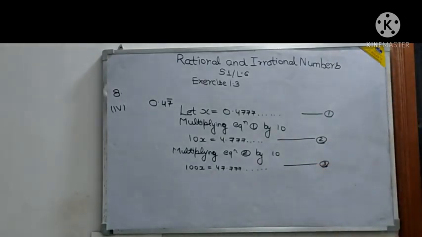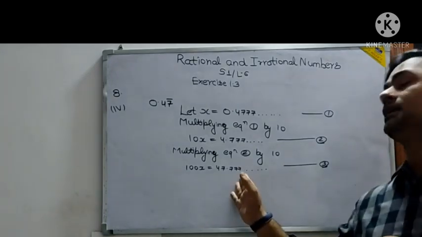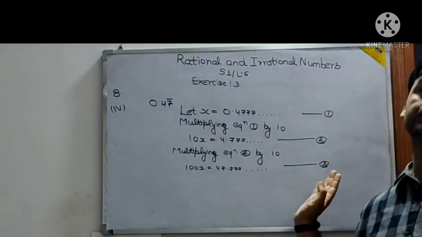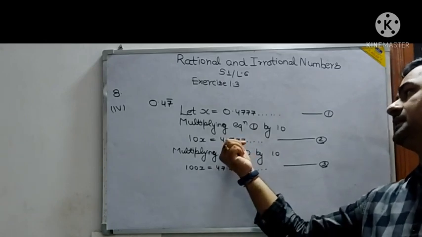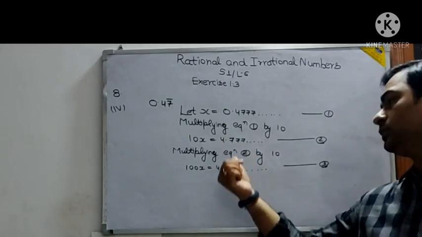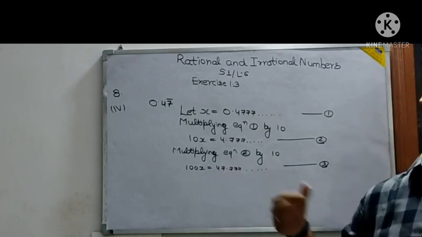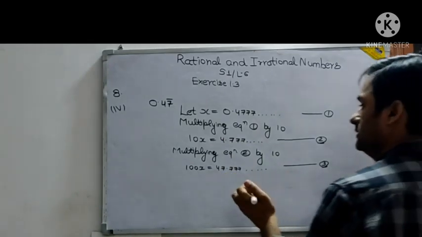Now see here, if you have observed the pattern carefully, we are only leaving that part after the decimal that is repeating. Remaining everything we are bringing here. So don't mind bringing 47 here, because now the same decimal digits, the repeating one, are here and also here. Now what?